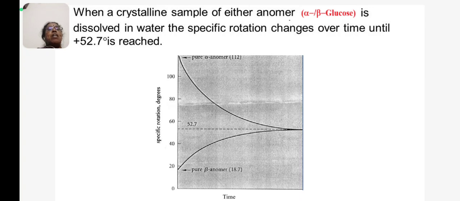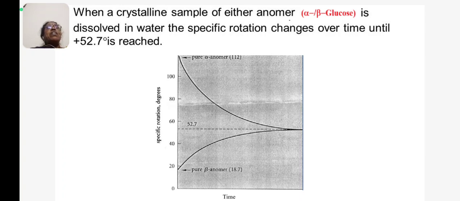Say, for example, at the bottom we have the specific rotation value 18.7. It is the beta anomer. As the time increases, the specific rotation value increases till it reaches 52.7. Afterwards, it won't increase.